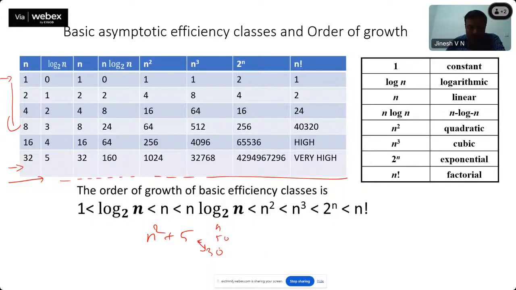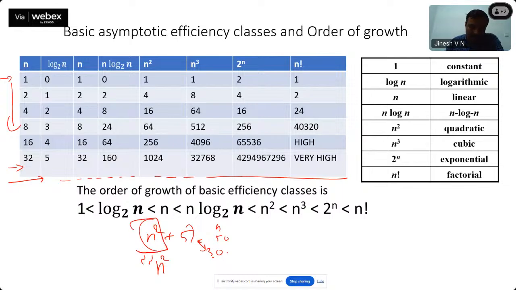If it is 50, then it will be 2505. So your total function value and your n square value are almost equal for large values. That means we will call this n square time.